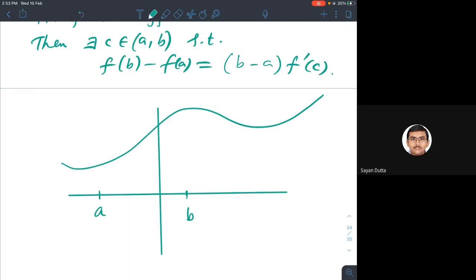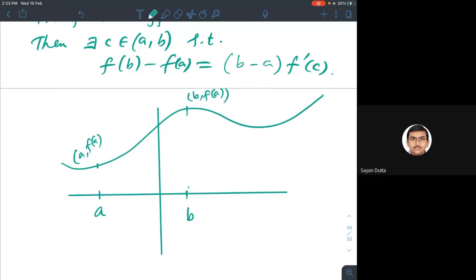Right? Outside you don't care, we just have to look at here. Now this is the point (a, f(a)), and this is the point (b, f(b)).